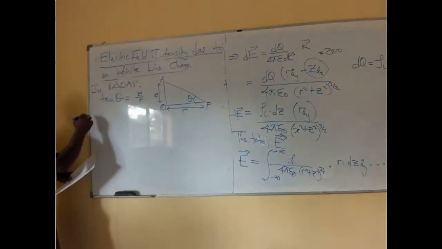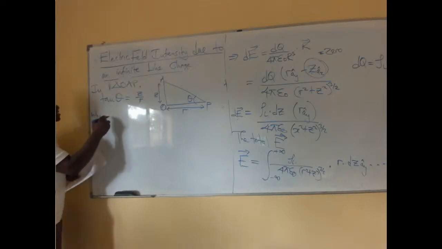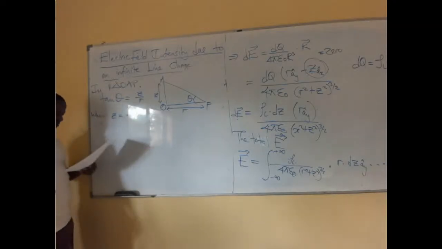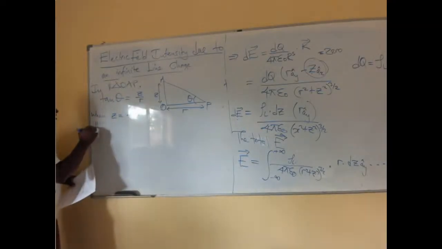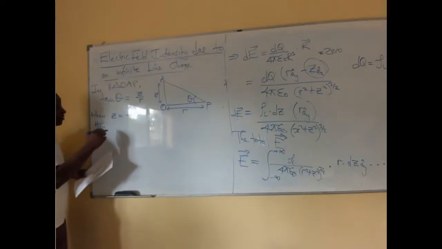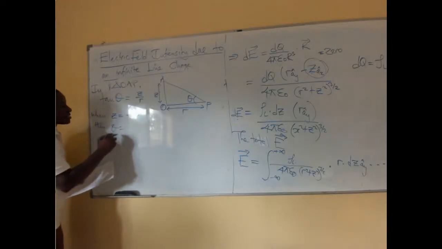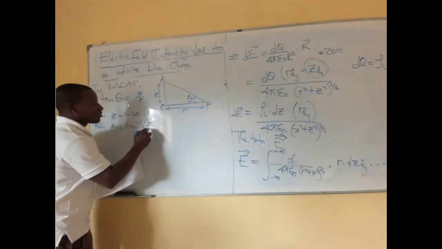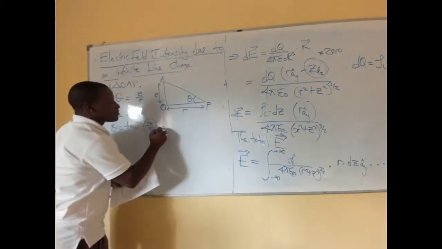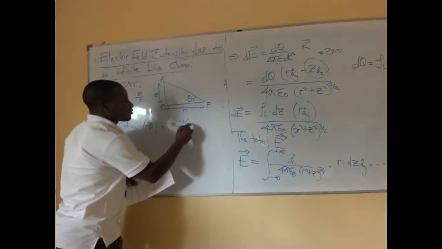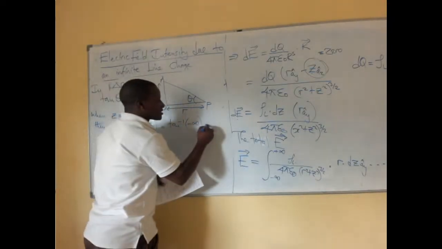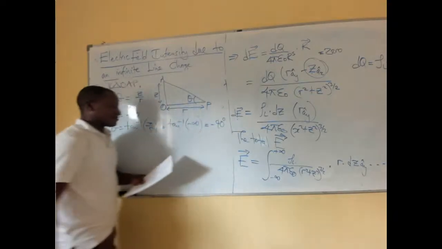So we are saying that when z is equal to minus infinity, then theta, which is equal to the tan inverse of z over r, must be equal to the tan inverse of minus infinity, which is equal to minus 90 degrees.